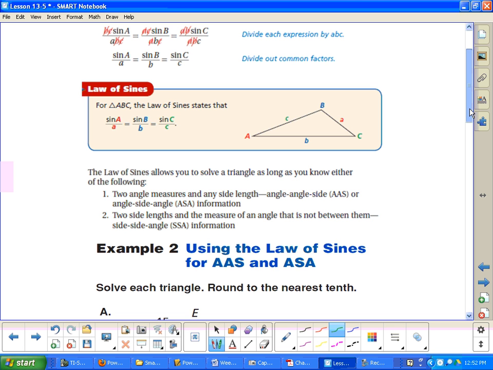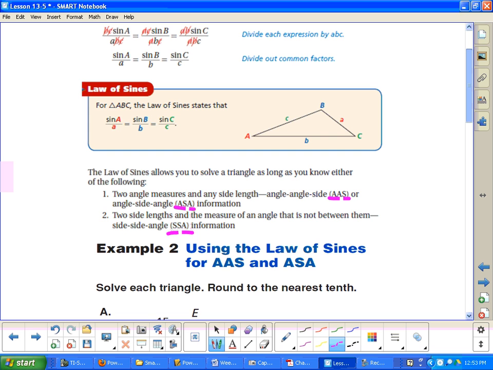So the law of sines allows us to solve a triangle as long as you know either angle, angle, side, or angle, side, angle. Not side, angle, side. That's only for the area here. We will talk about that with the law of cosines. And then in some situations, you can use SSA.